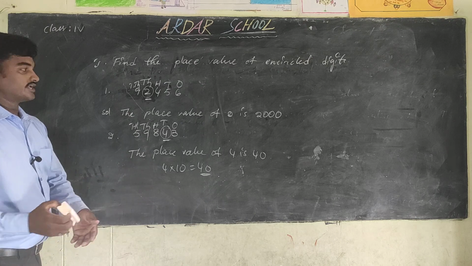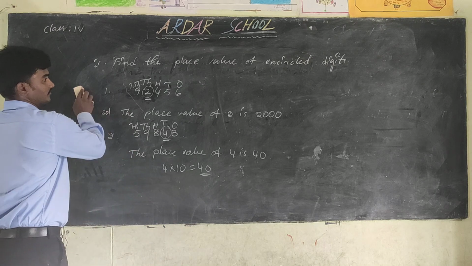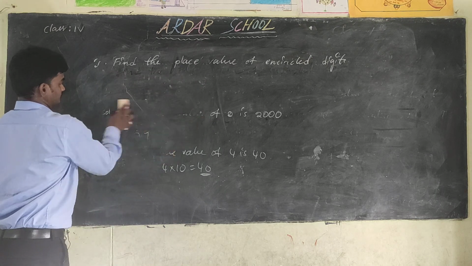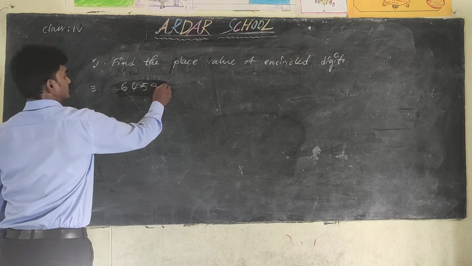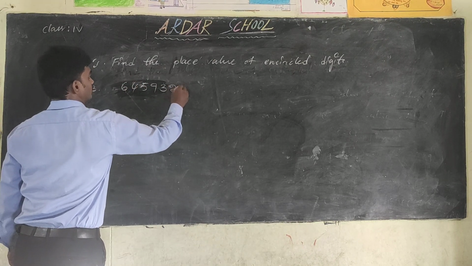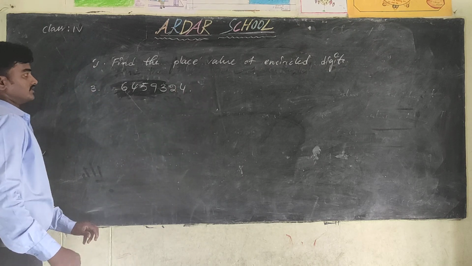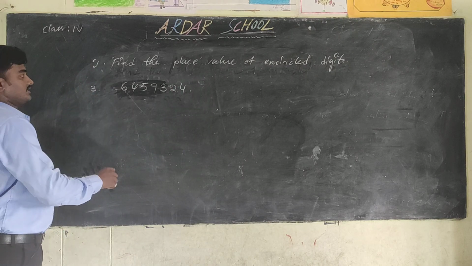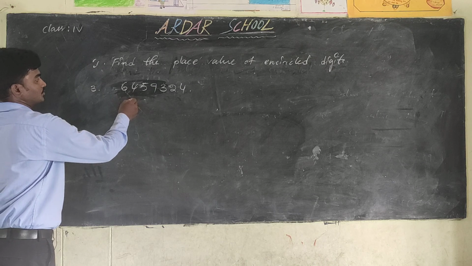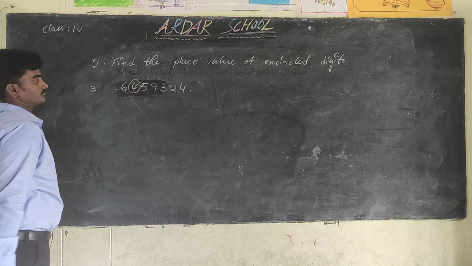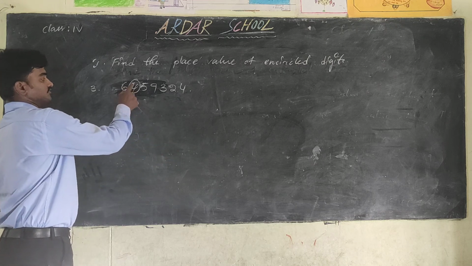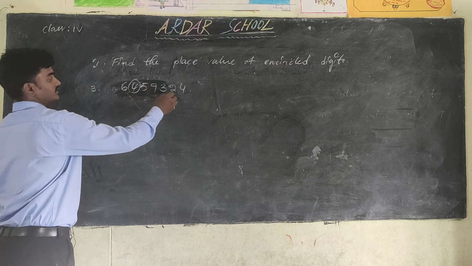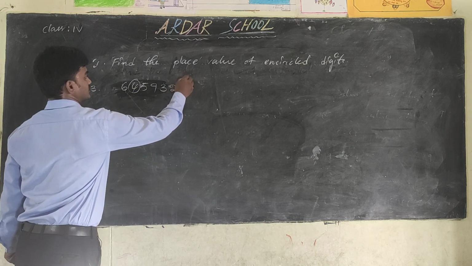I will give you some more examples. 64 lakhs 59,324. In this numeral, I encircle 4. Okay, so let us know the place value of 4. For that we need to see the places.